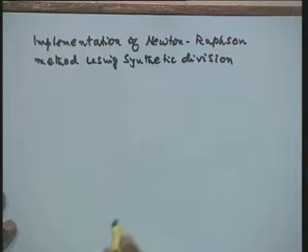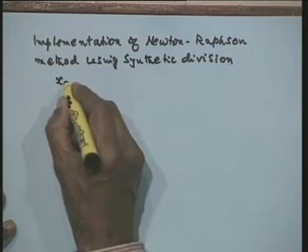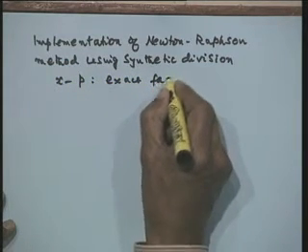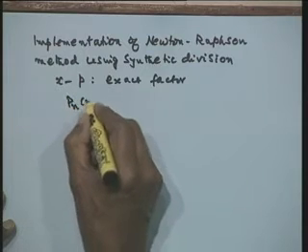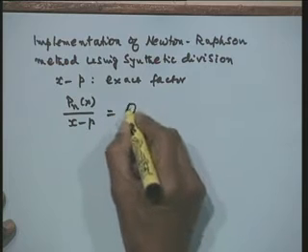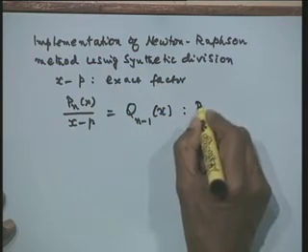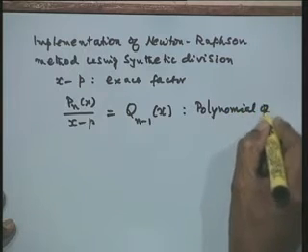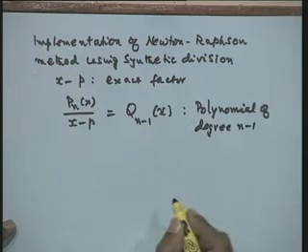Now let us suppose x minus p is an exact factor, then p_n(x) is divisible by x minus p exactly. So we get simply a polynomial of degree n minus 1.